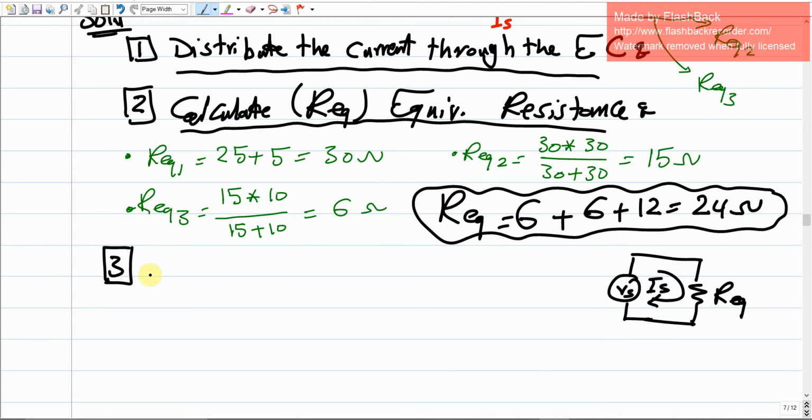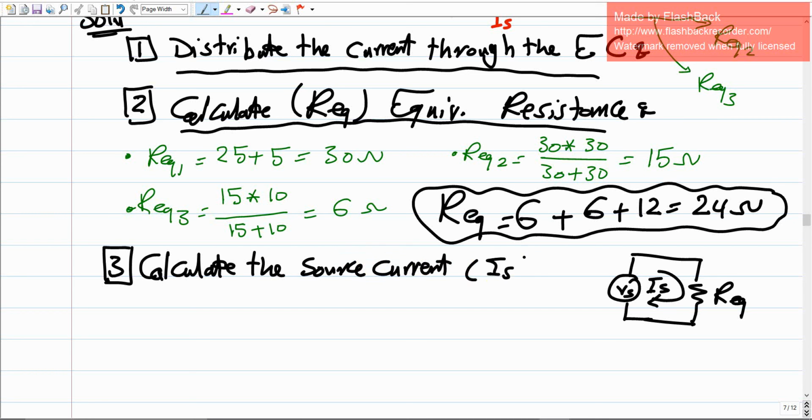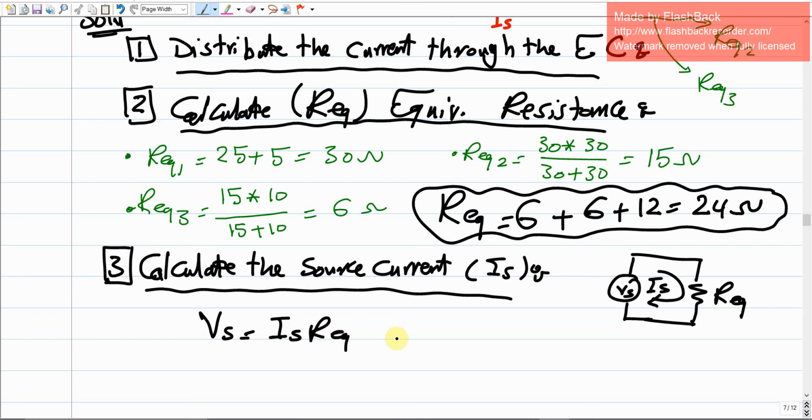So the objective for the third step is just to calculate the unknown, which is the source current or the overall current, which we gave the name Is. So how much is Is? If we apply Kirchhoff voltage law to this electrical circuit, it states that Vs equals Is times R equivalent. So what does it mean?